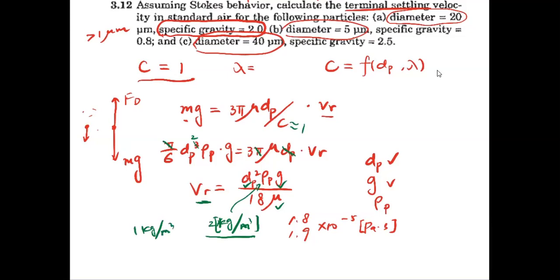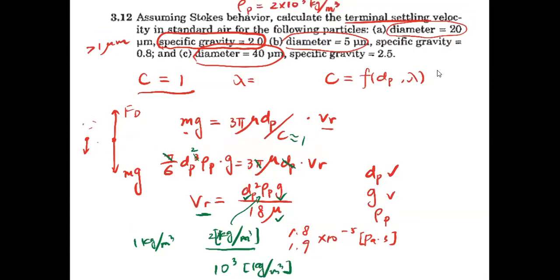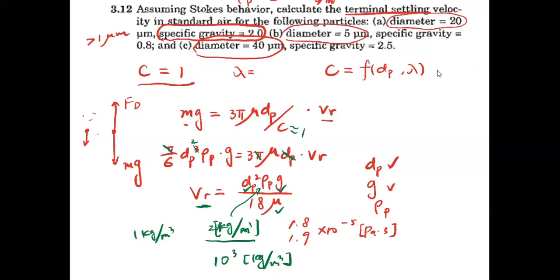So 2 kilogram per meter cube is highly likely to be another gas. Typically if we're talking about solid, the density will be somewhere around the water density, or at least the order of magnitude will be similar to water, which is 10 to the third kilogram per meter cube. So I saw that some of you get the wrong answer, mainly because of the specific gravity here.